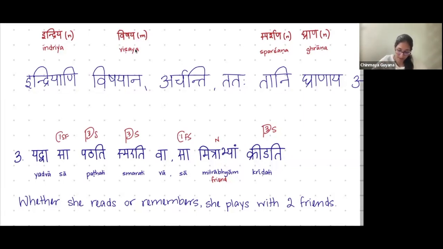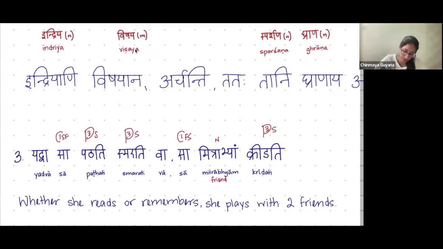Sa pathati smarati. Pathati means she reads or studies. You can translate it however. And smarati means she remembers or she's remembered. However you translate it, she is remembering or she remembers. Sa pathati smarati va. And then the other noun in this sentence is mitrabhyam.